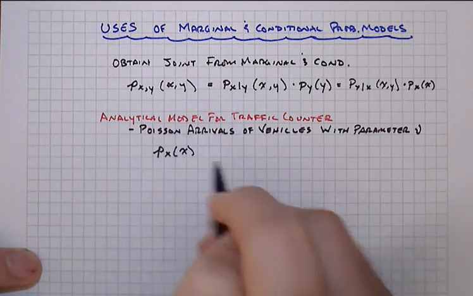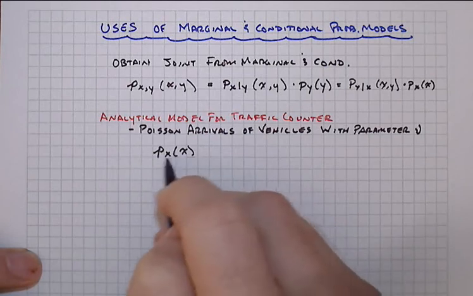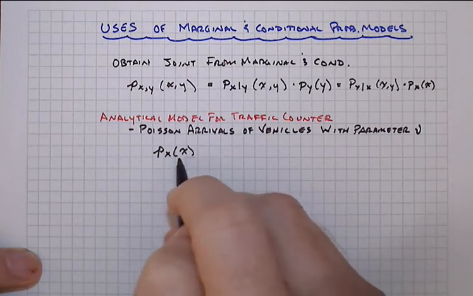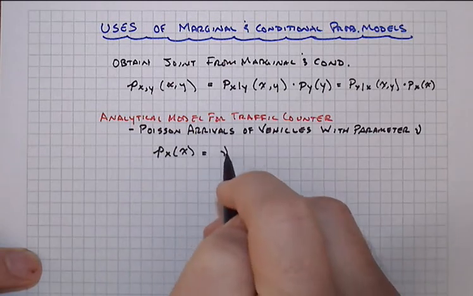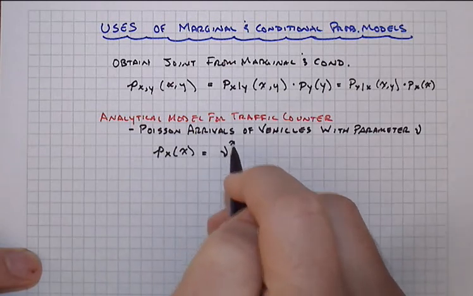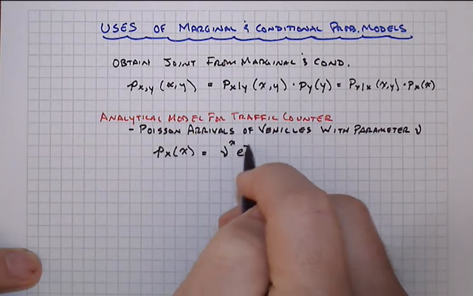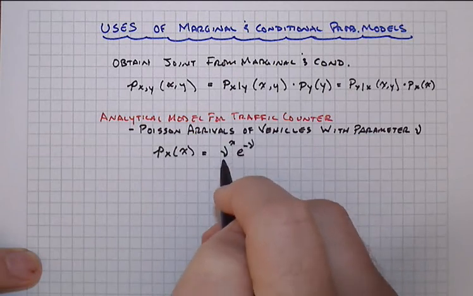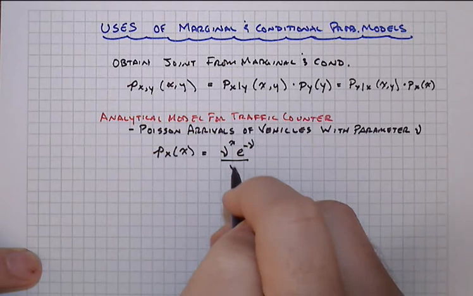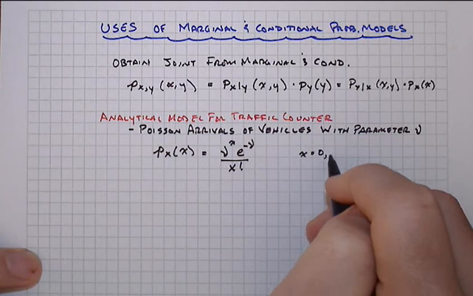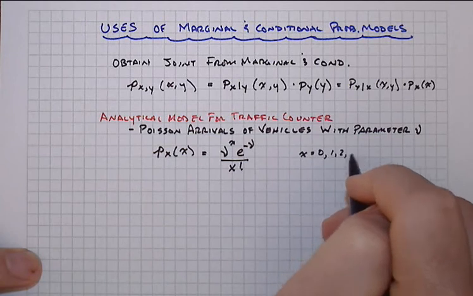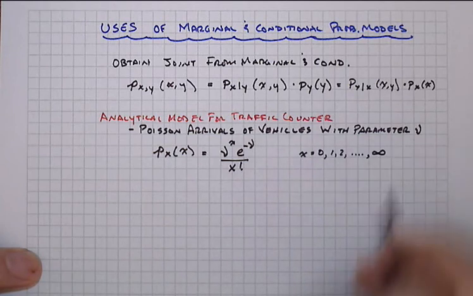was the number of vehicles, equal to this parameter raised to the x power times e to the minus nu power over x factorial. And x could take on values of 0, 1, 2, and so on, up to infinity.